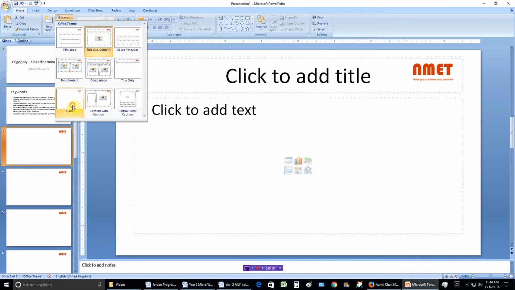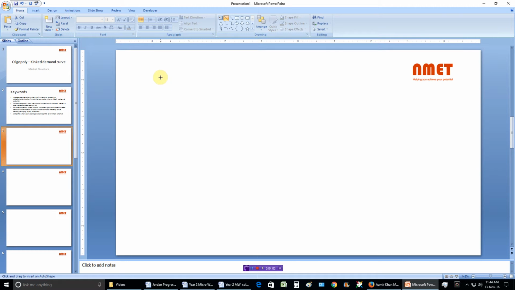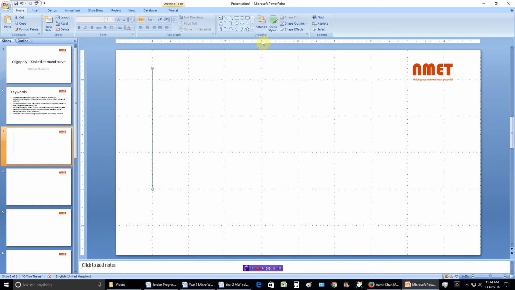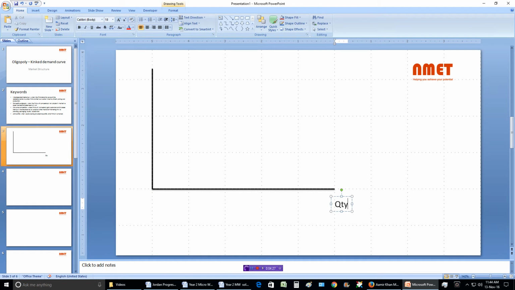I'll make this layout blank. So what I've got is, let me do this in grid lines to make it better in terms of drawing my graph with you. So I've got my y-axis, I'm plotting my x-axis, and as usual I've got my quantity and I've got my pound sign over there, price or cost.